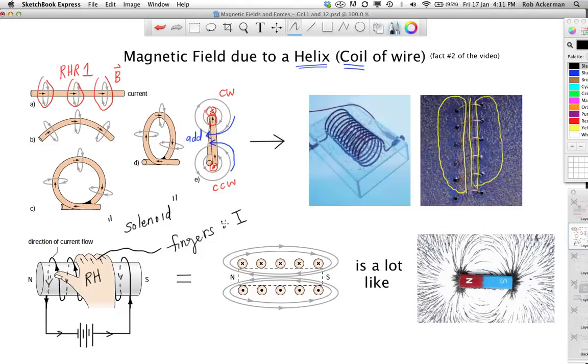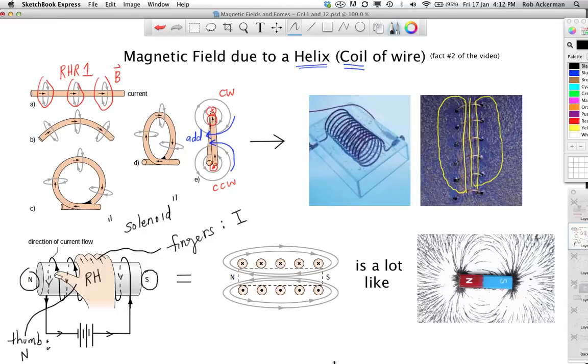If your fingers are in the direction of current, then your thumb will be pointing in the direction of the magnetic field, as we can see in this diagram. However, which end? The north end. So the thumb defines the magnetic field pointing to the north, which means the other end will be the south.